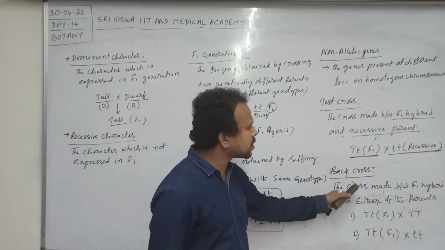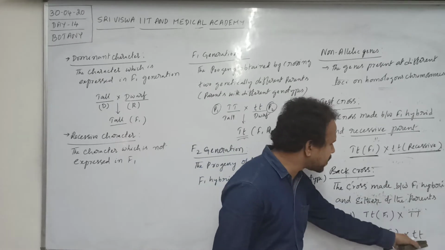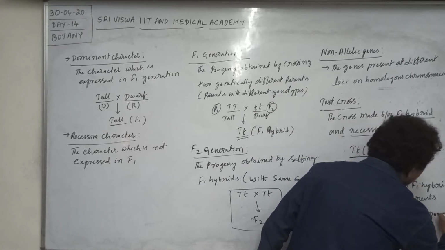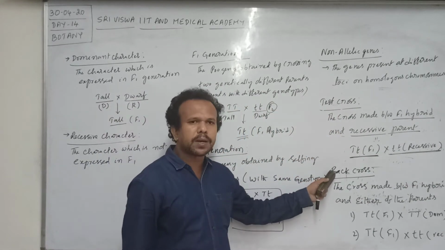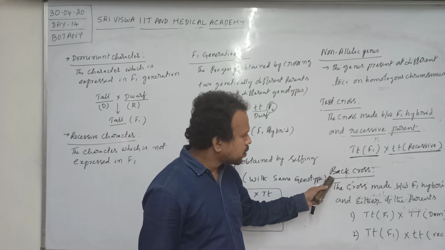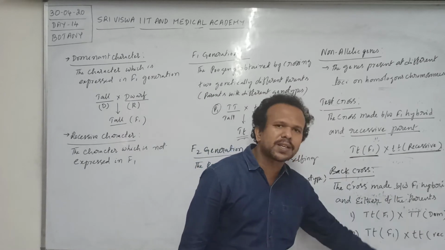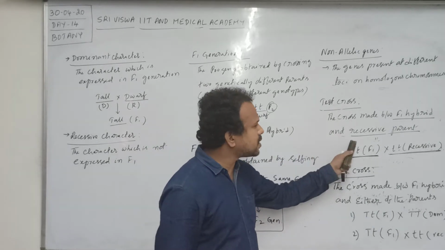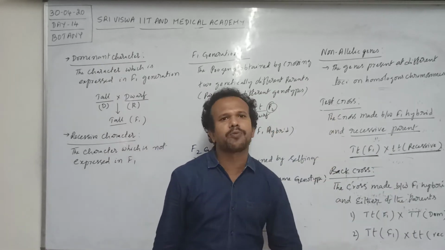What is back cross? The cross made between F1 hybrid and either of the parents, that is either dominant parent or recessive parent. Here this is the dominant parent, and this is the recessive parent. The term back cross is applicable to crossing of F1 with dominant parent or with recessive parent. But the term test cross is applicable when F1 is crossed with only recessive parent. Hence test cross is a type of back cross.